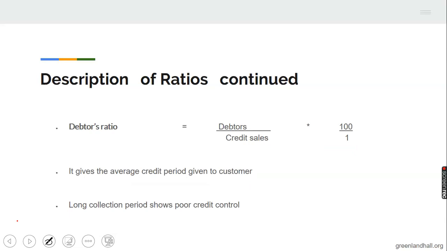We also have debtors ratio. The debtors ratio shows the relationship between the debtors and the credit sales. That is, sales that were made without having received the payment.